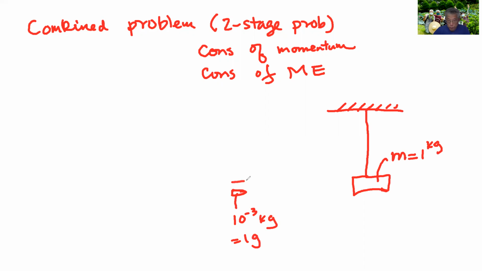And it's shooting at this block. So let's assume this time that travel from here to here, this delta t, is very small because it's very fast. So let's say the velocity of this bullet, let's call that V1, is equal to 10 to the 2 meter per second.